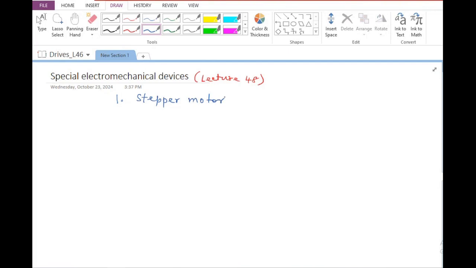So if I want to move a particular valve by 10 degrees, 5 degrees, or let us say I want to move a lens in a gyroscope or telescope by a certain angle, or in a lathe, if I want to move a tool by a certain angle in taper turning or for thread cutting and such things, in those cases stepper motors are used commonly. So I would say the major application will be in CNC machine tool applications.